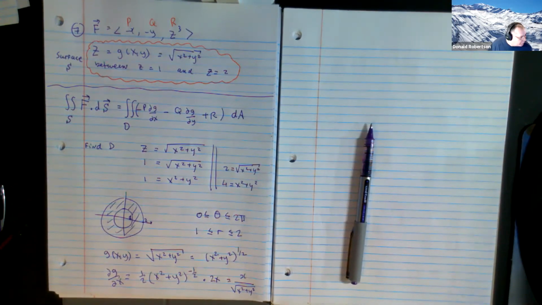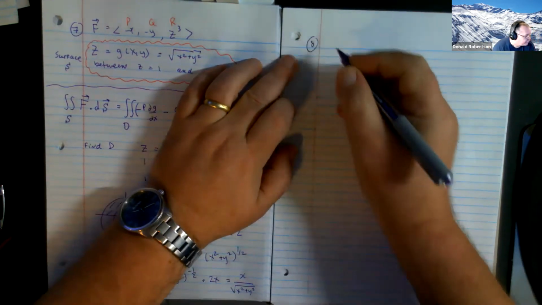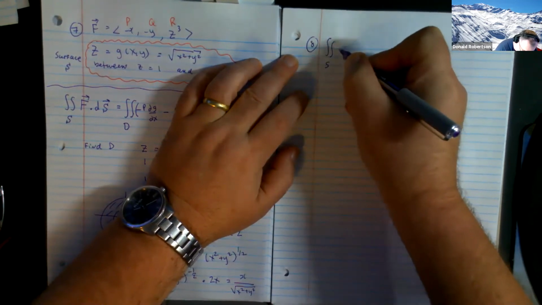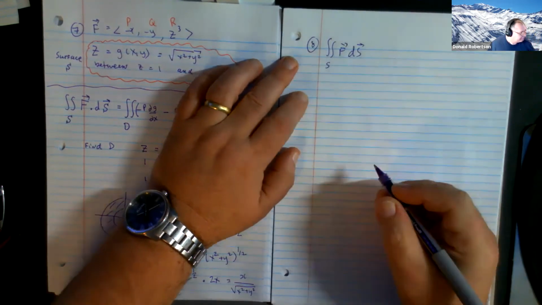Okay, now the next question, I'm just going to set up. I'm not going to take it as far as I did that one, even although I didn't finish that one. This is a version of question 8. We're doing the flux thing, right?